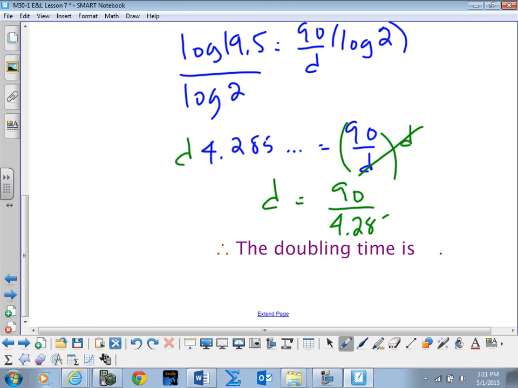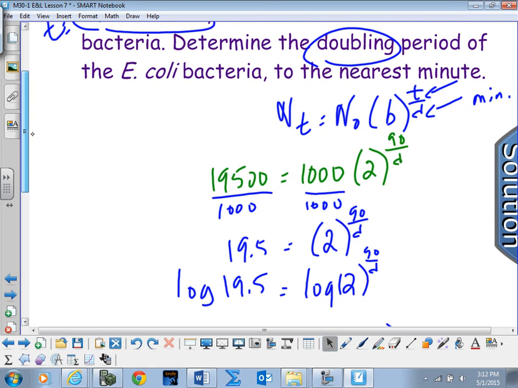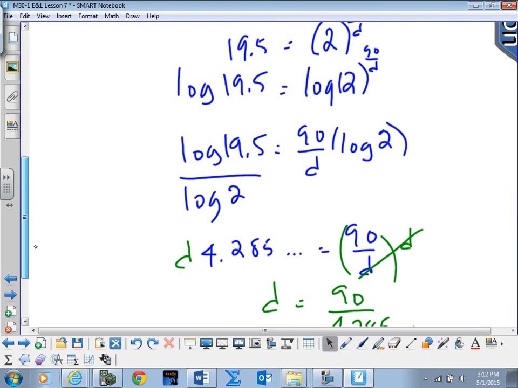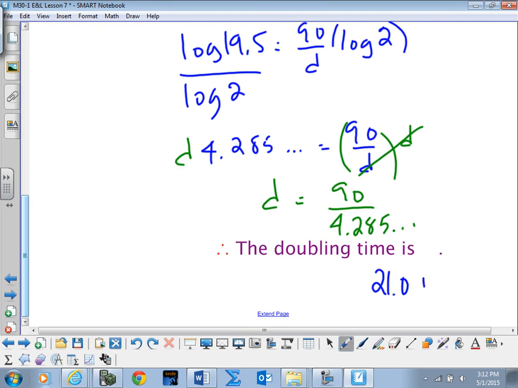4.285, and try to be as accurate and not round it until the end. So I'm going to go 90 divided by the answer, 21.0. And again, what units? Minutes. 21.0 minutes.